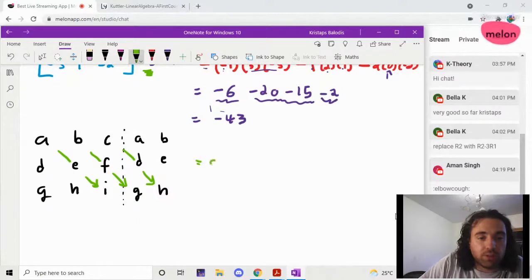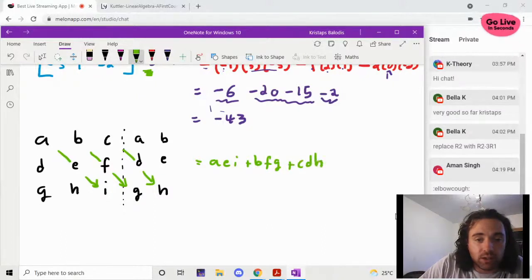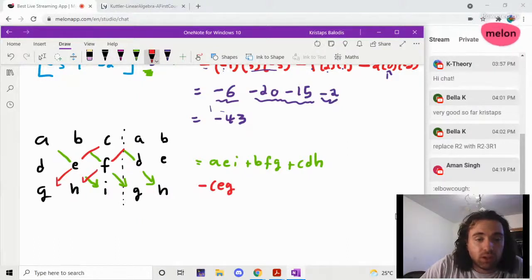So that means we get A times E times I plus B times F times G plus C times D times H. And we multiply down and to the left, which means we get negative C times E times G, negative A times F times H, and negative B times D times I.